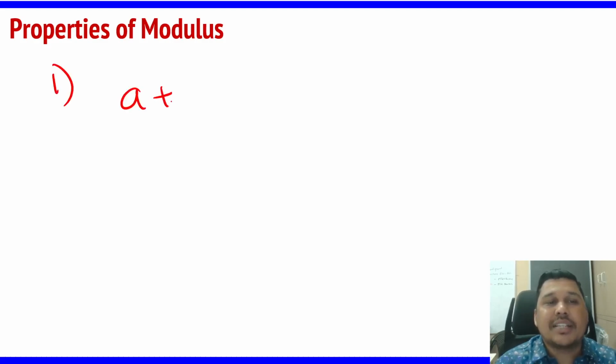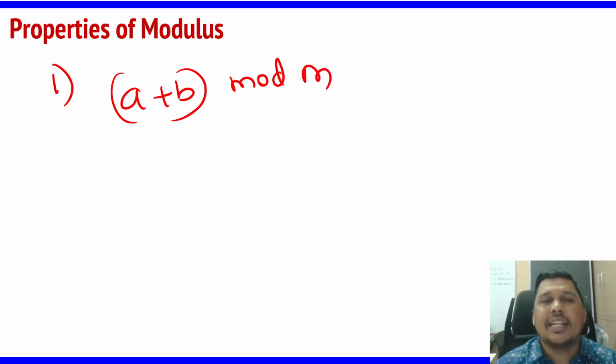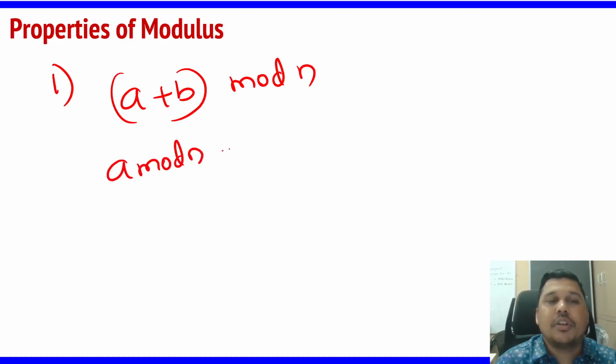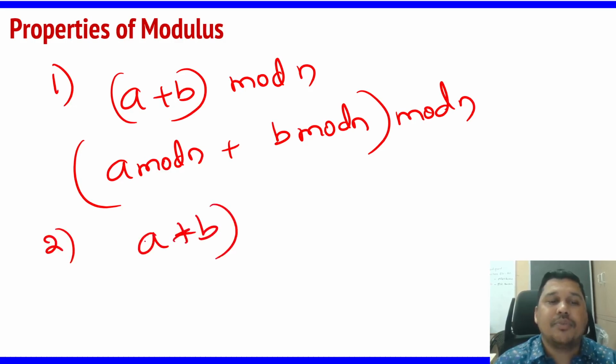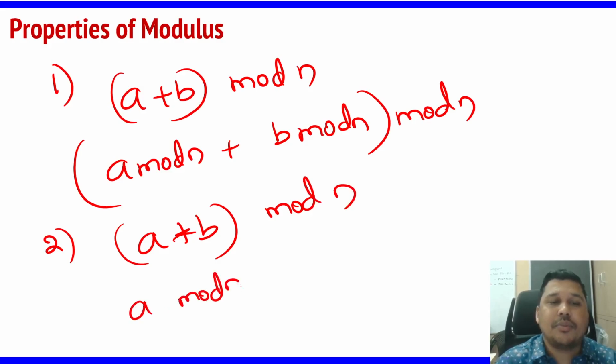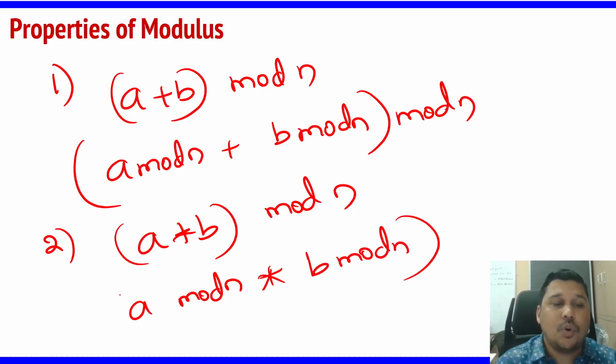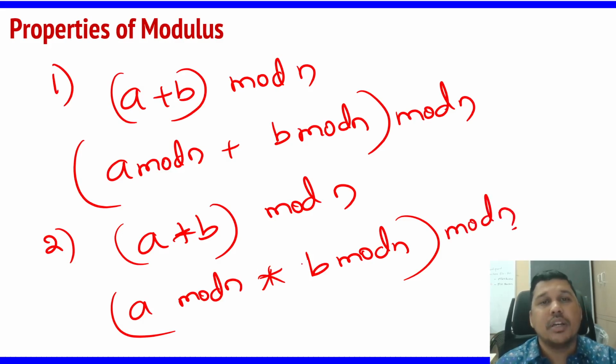First one, A plus B whole mod n is A mod n plus B mod n, whole mod n, right? The second one was A into B mod n, so it is A mod n into B mod n, whole bracket of mod n. So we'll be using these principles in the coming sessions.